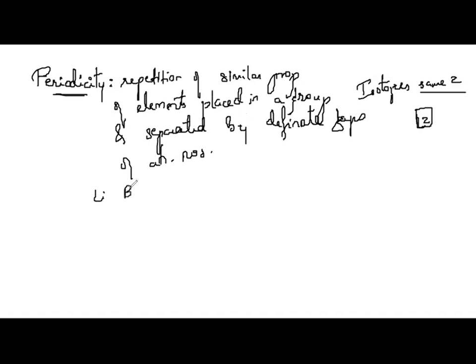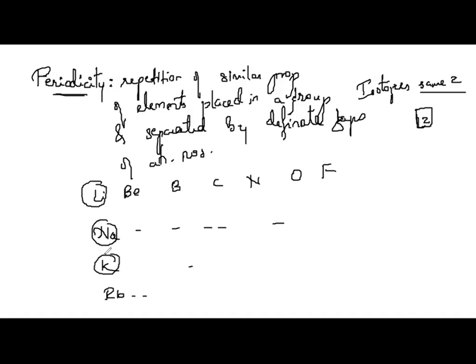Example, lithium, beryllium, boron, carbon, nitrogen, oxygen, fluorine, then comes sodium, and so on, then comes potassium, and so on, then comes rubidium. So after so many gaps, there is repetition in the similar properties. We call them definite gaps, or you can call them regular intervals.